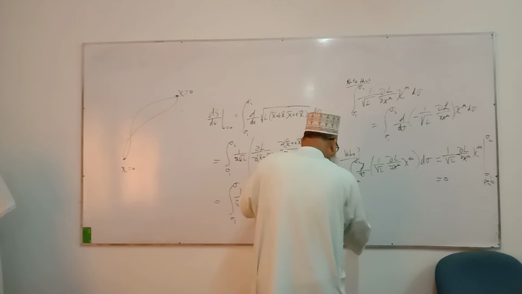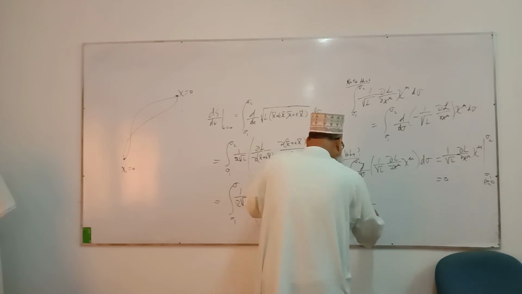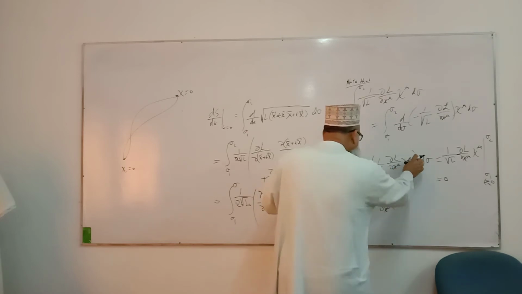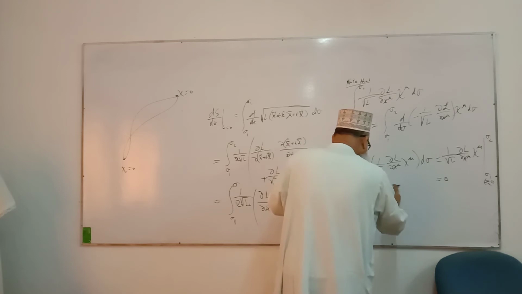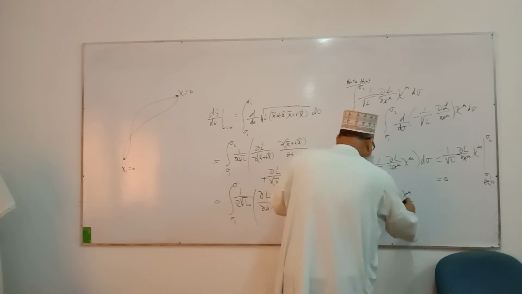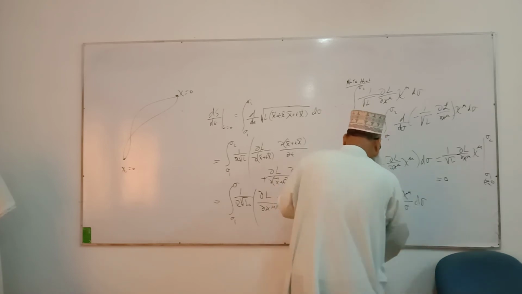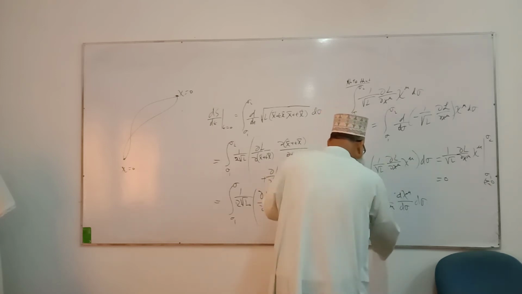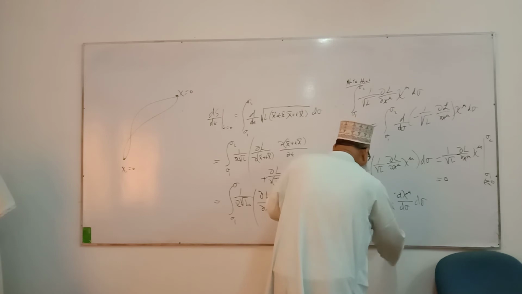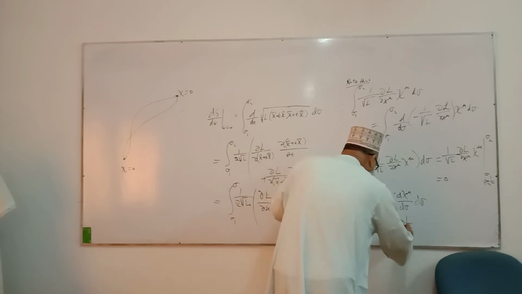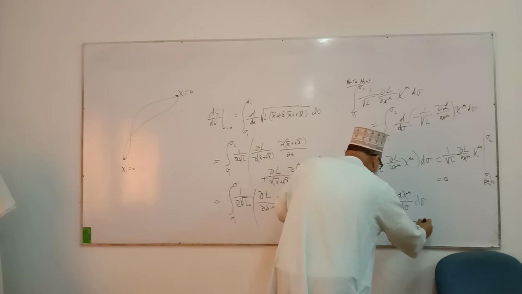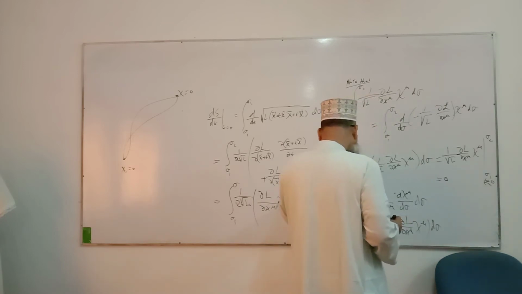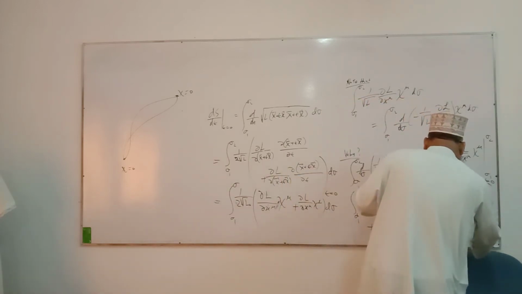You get integration sigma 1 to sigma 2, 1 by square root of L, del L by del x dot mu, second term, you differentiate, d chi mu by d sigma, plus the first term you have not differentiated, now differentiate this, d by d sigma of 1 by square root of L del L by del x dot mu, chi mu d sigma, equals 0.